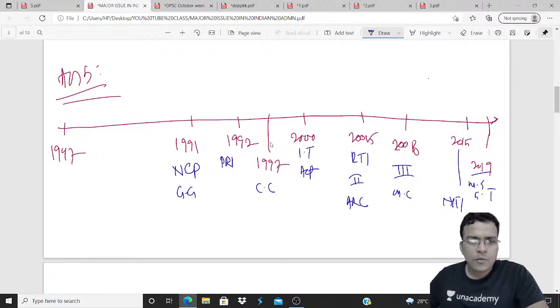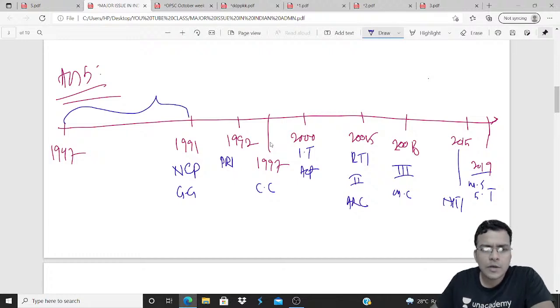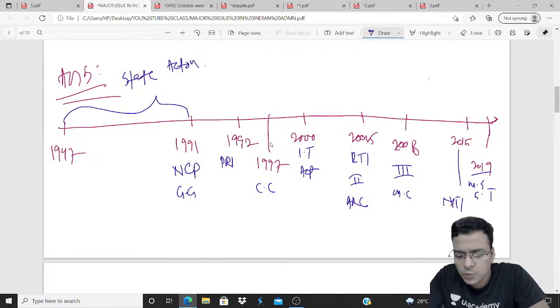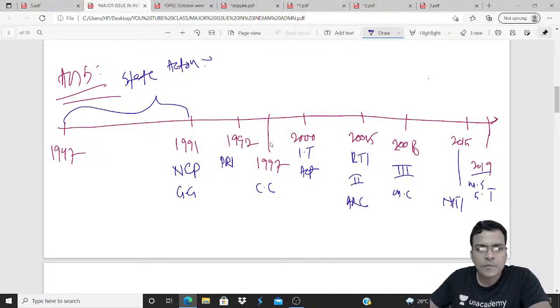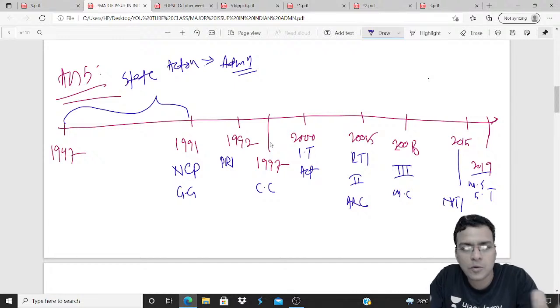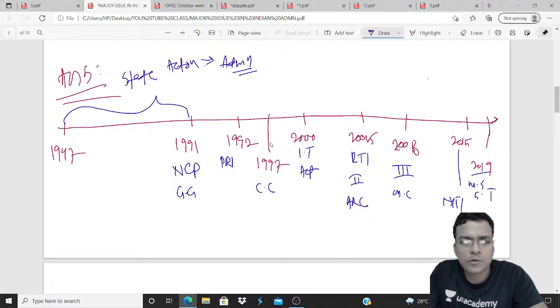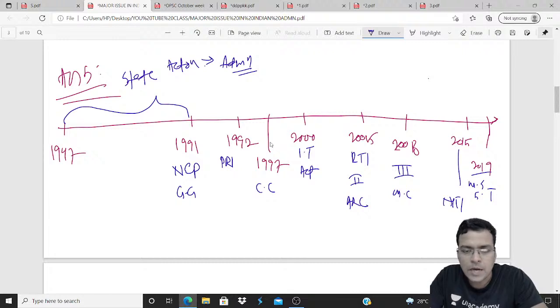So what happened from 1947 to 1991? In this period, we have only the state actor. Indian state was an overcaring state. State was the only actor, and administration, which is the most visible part of the state, did all the work for the state, as provider of goods and services.